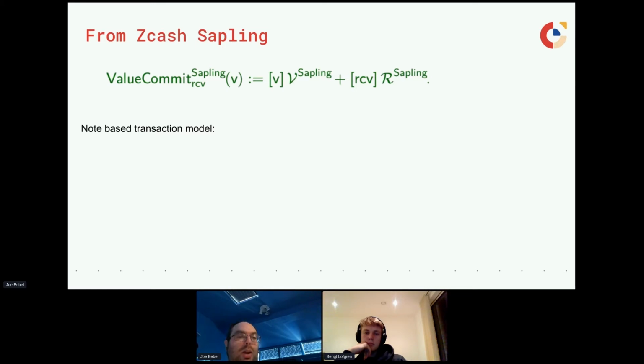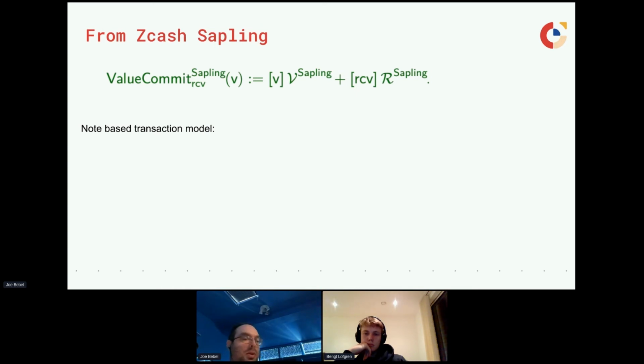To encode an integer value of some kind, some amount of Zcash, represented by little v, you first compute some randomness, just some random bits, which we're going to call RCV.